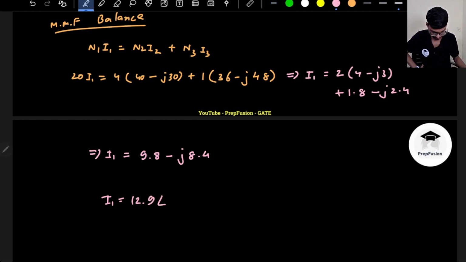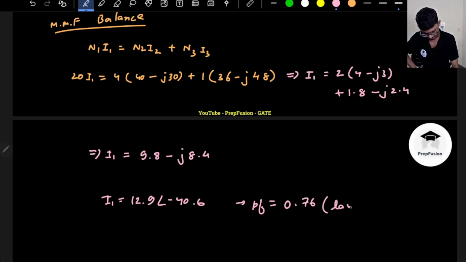The angle will be tan inverse of 8.4 divided by 9.8, so this will be minus 40. The power factor is the cos of this angle. So the power factor will be 0.76 lag because the angle is negative. It is lagging with respect to the voltage, and the current value will be 12.9 amperes. So this will be the answer of this question.